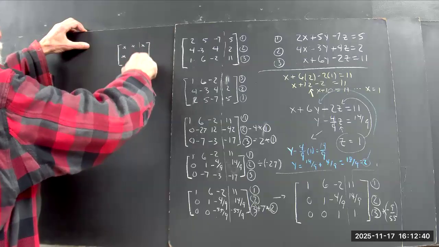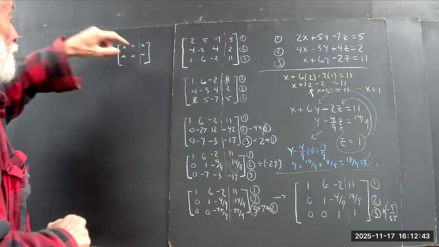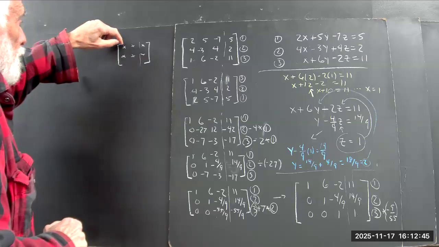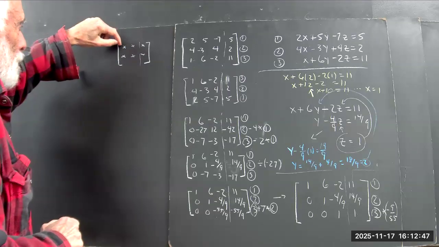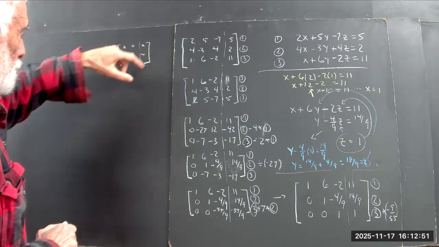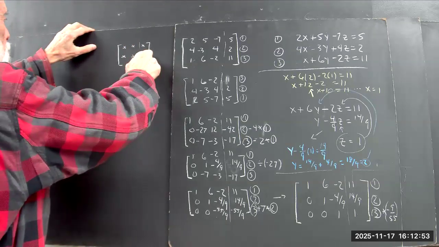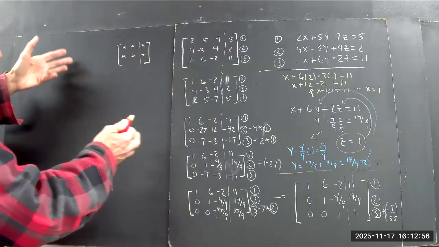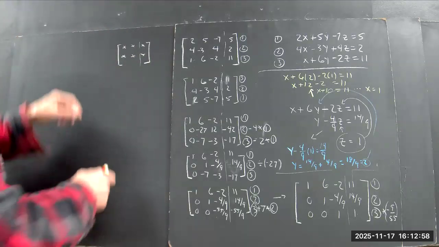You got 2 rows of numbers, 3 numbers in each row. The line here indicating that this is something times x, this is something times y equals something. And similarly here. Okay, so just an asterisk will be whatever number happens to be there.